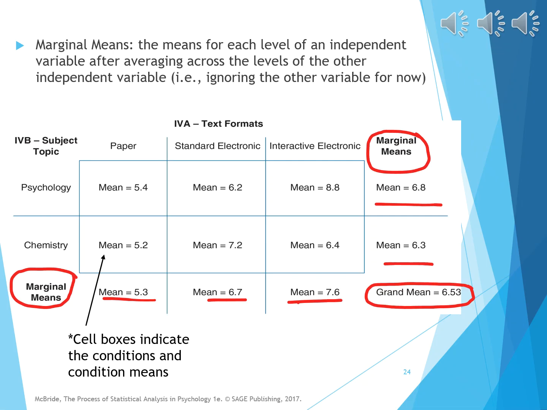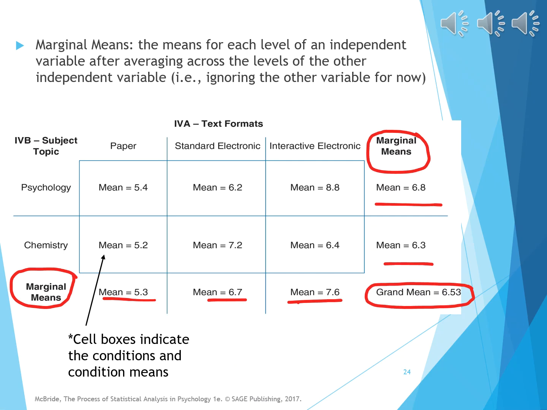Let's look at the psychology row. For psychology textbooks, the paper version has a mean satisfaction rating of 5.4. The standard electronic version has a mean satisfaction of 6.2, and the interactive electronic version has a mean satisfaction of 8.8. So that seems to be the preferred, at least for psychology textbooks.